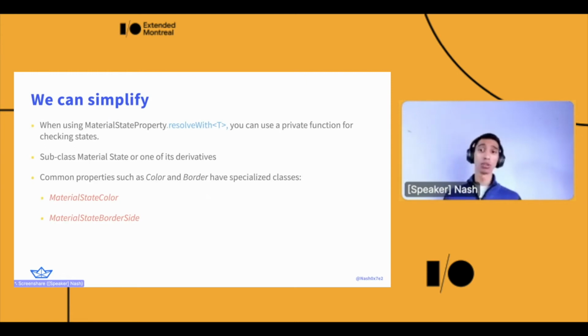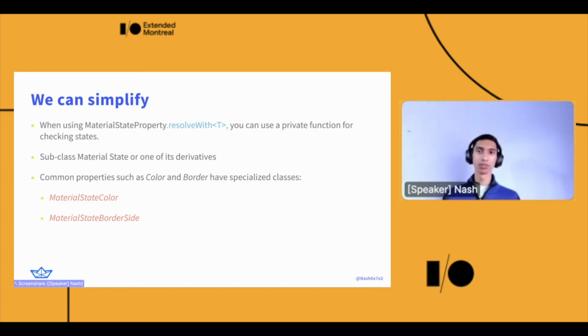And that's actually what the framework did for some of these more complex or more frequently used properties. So for example, for color, there's a class called MaterialStateColor that developers can extend and implement the resolve method within the class, which makes it super easy to share behavior and share colors across your application.